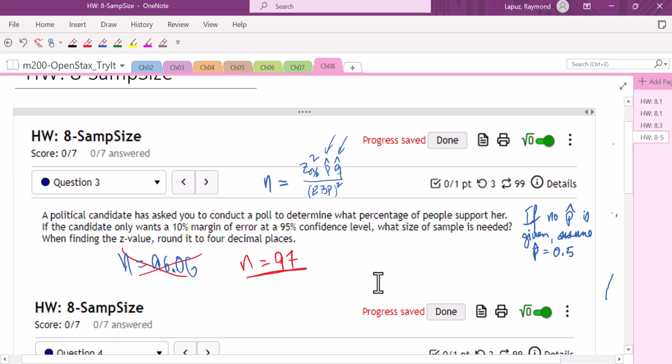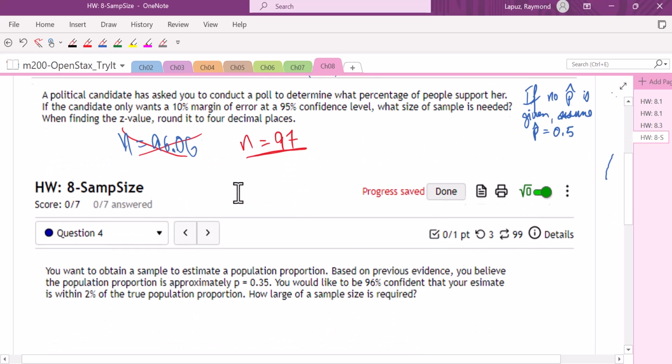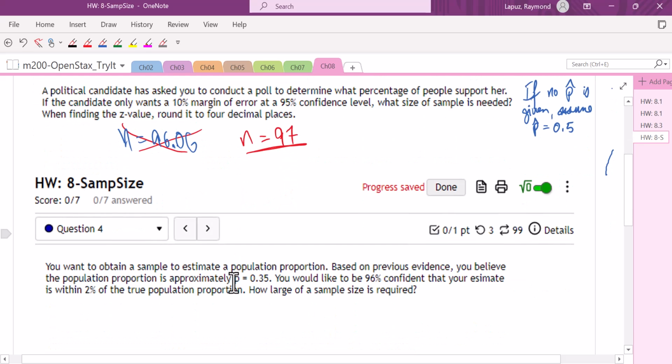Now, I wanted to do this next problem in the same video because there's a stark comparison here. Because in the first example, p hat was not given. So in this example, they give an approximation for the population proportion to be 0.35. So if we know that, then we can take advantage of using that and hopefully come up with a smaller size.